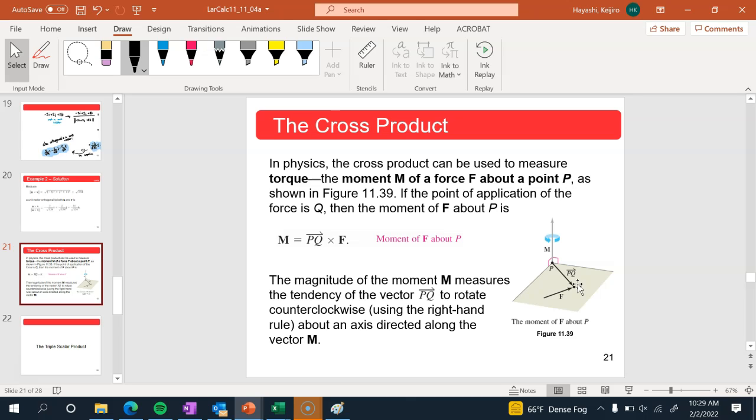It's a vector that's orthogonal to the direction of rotation. And because of that, the cross product becomes pretty useful, because that's what the cross product does. It allows us to find orthogonal vectors.